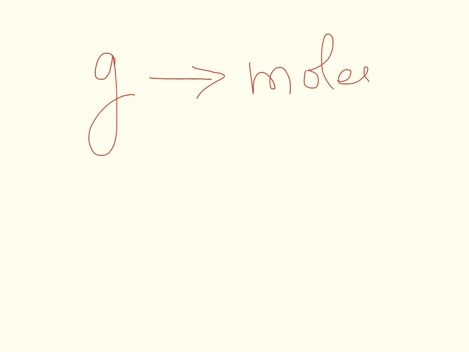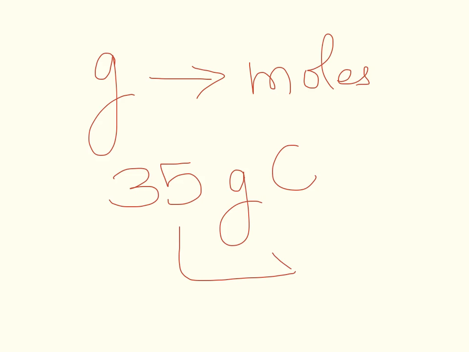The second step is that you convert the grams that you've got to moles. So in the previous slide we said there is 35 grams of carbon. So convert this 35 grams to moles of carbon.